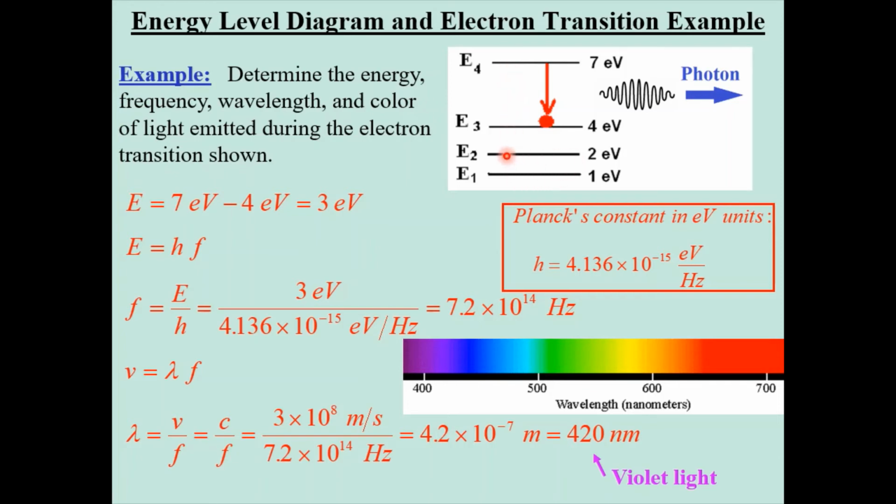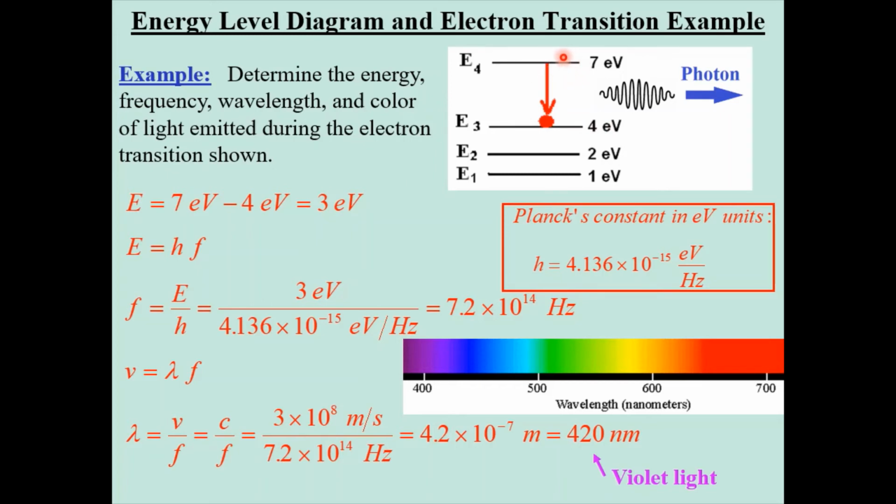These levels here, these lines, represent the different energy levels for this. This could be an atom, okay? This is our lowest energy level down here. You can see it's labeled at 1 electron volt. The second level is labeled 2 electron volts. This one, 4 electron volts. And the top level is 7 electron volts.